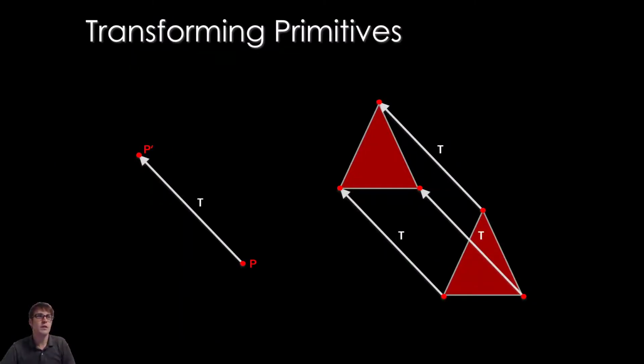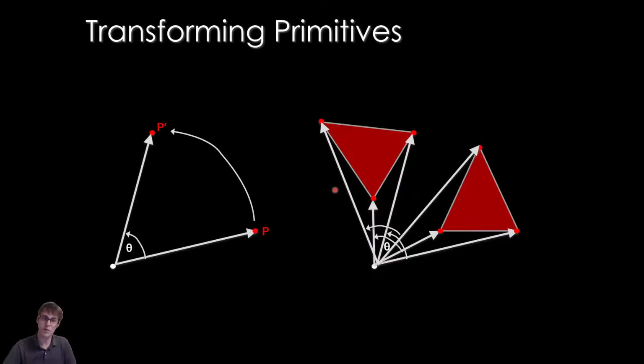So here's one. Let me just resize this so I can see what I'm doing. Here's an example. If I transform my point this way, we've learned about that transform, but if I have a triangle, I just do all 3 points with the exact same vector and the whole triangle moves. Same thing with rotation. We learned about rotating 1 point around the origin. Well, if I rotate every point the same amount, it turns out you get a rigid rotation.